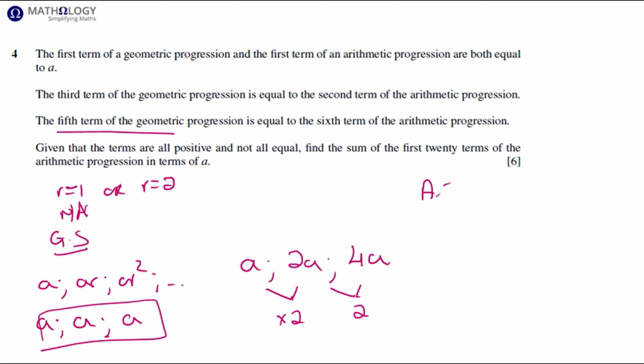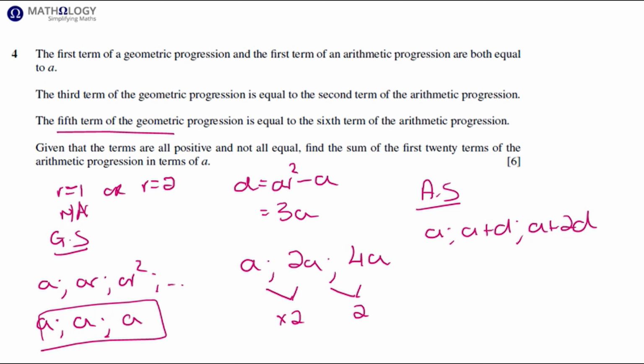Your arithmetic sequence is a, a plus d, a plus 2d. Now to find d, d equals ar squared minus a. So it's a times r squared. r is 2, so it's going to be 4a minus a, which is 3a.